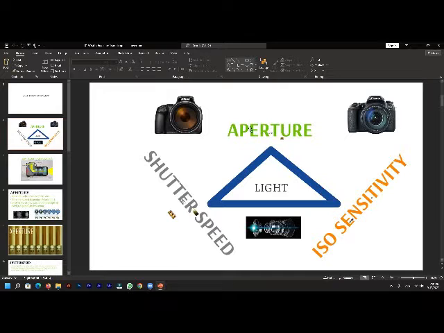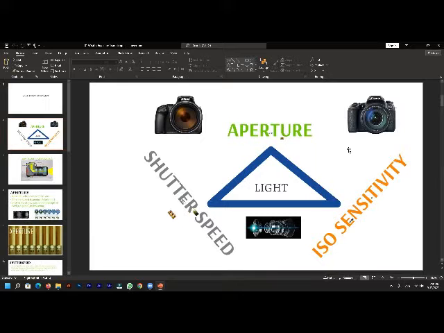Okay, if we talk about aperture, aperture is something which is inside the lens. And shutter speed and ISO sensitivity are two things which are inside the camera. DSLRs have detachable lenses, so if you change the lens, you can have a different minimum value of aperture.